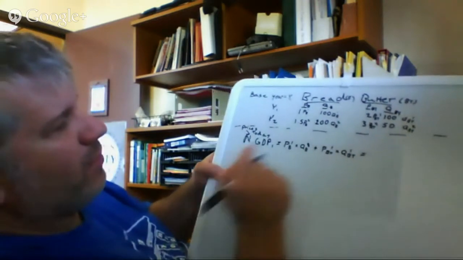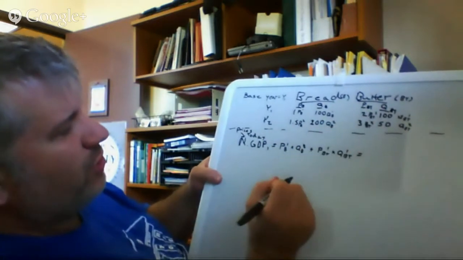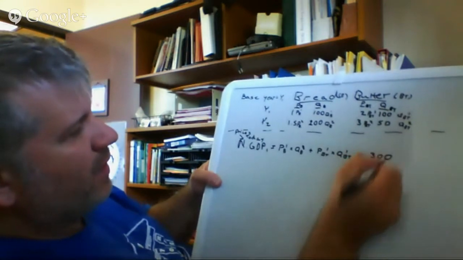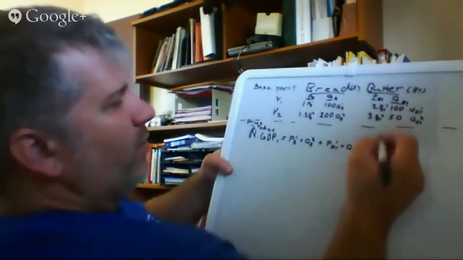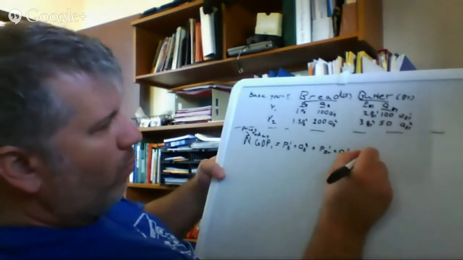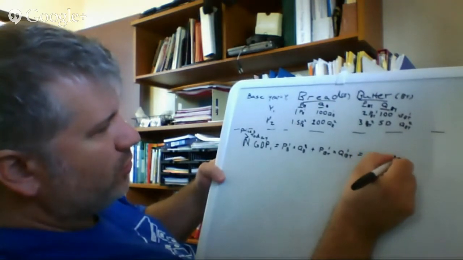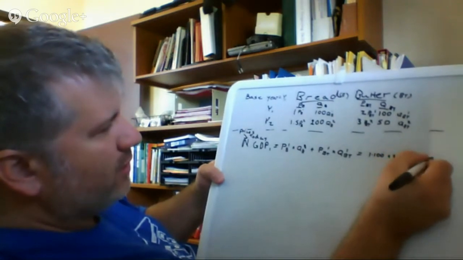We sub in the numbers and we get 1 times 100, which is 100, 2 times 100, which is 200. So it's 100 plus 200 equals 300 if we sub in the numbers. I guess let me do this the first time through. We say 1 times 100 plus 2 times 100 equals 300.